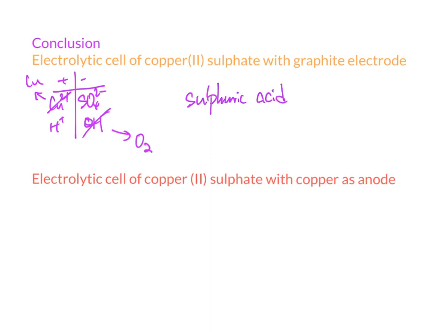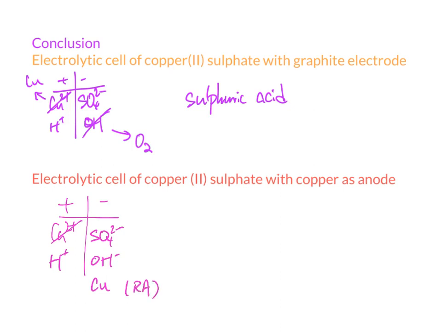But for the electrolytic setup of copper sulphate with copper as anode, it will be slightly different. For this setup, you'll find that the Cu2+ will discharge at the cathode, but on the other side, neither sulphate nor OH- will discharge, because Cu is a stronger reducing agent than OH- and SO4 2-. So Cu at the anode will discharge and release Cu2+.